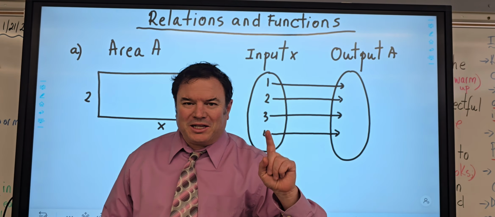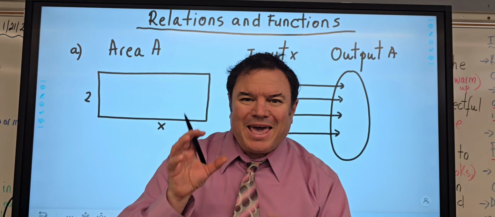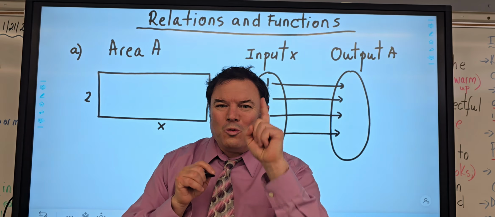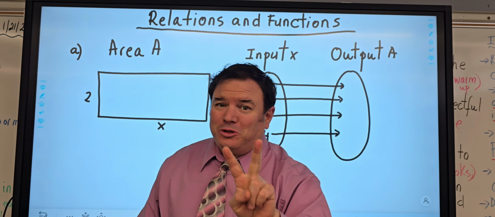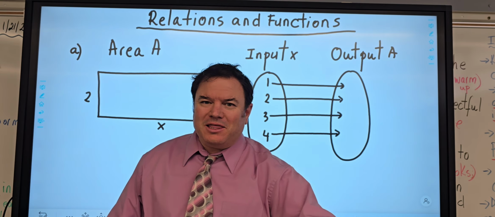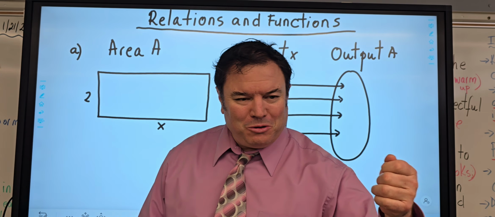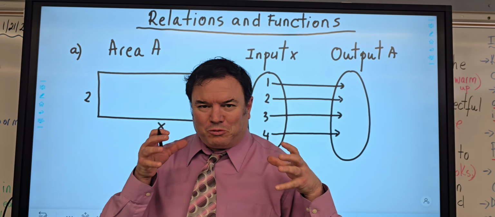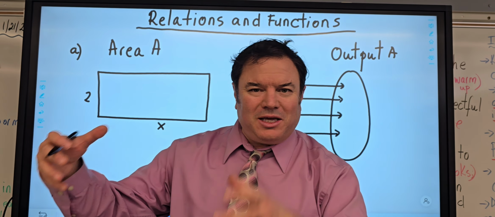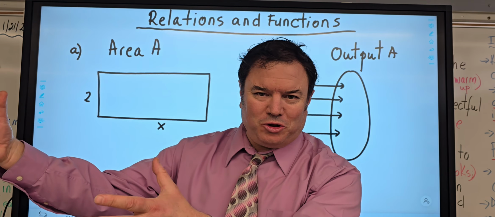Please remember that with functions, for each input, there should be exactly one output, not two outputs. One output, right? You don't put $1 and then expect to get 2 bottles of water. Or you put $1 and you want to get a bottle of water, you're not going to get a Pepsi or orange juice.